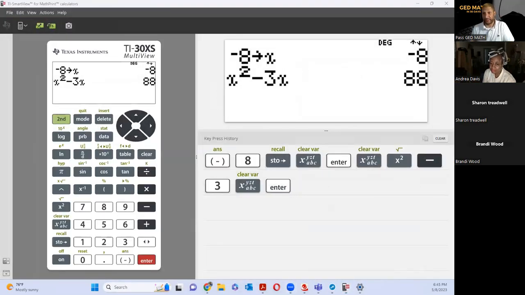I'm done. I didn't substitute anything. I didn't write anything down. When I'm evaluating the algebraic expression or evaluating the function, I can store those values in my calculator and plug the expression in. It's no work to do. X, enter.